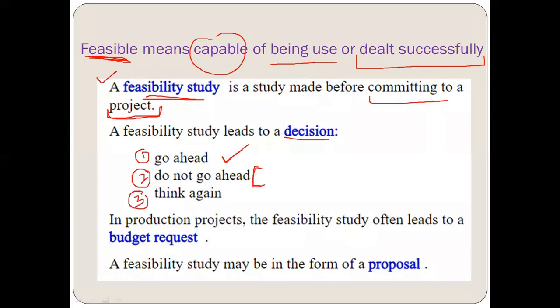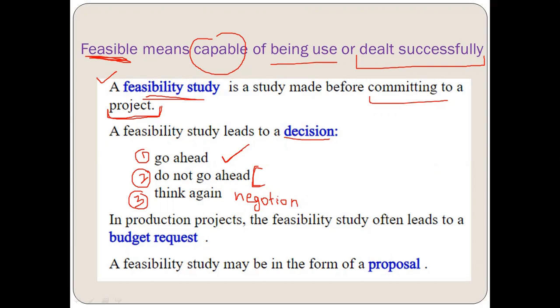In terms of think again, there are certain negotiations which are to be done. For example, the budget can be increased, or the timeline can be extended to allow more time, or the functionalities can be prioritized and certain minimum priority functionalities can be removed.